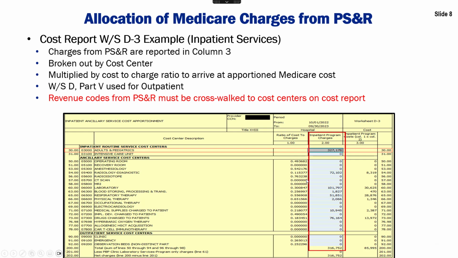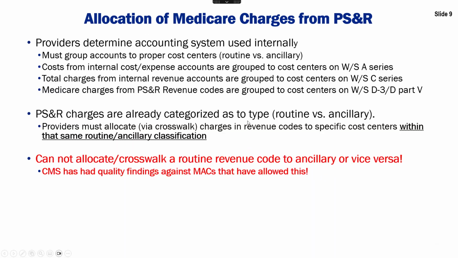That has a cost to charge ratio of 76.32%, which means that every dollar of Medicare charge gets 76 cents instead of 11 cents. You can imagine that number is going to be considerably higher. So the grouping does matter. Now, whether it's higher or lower is irrelevant. Whether it's wrong is what matters.